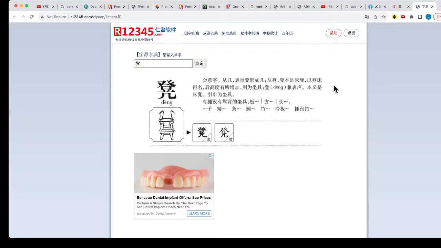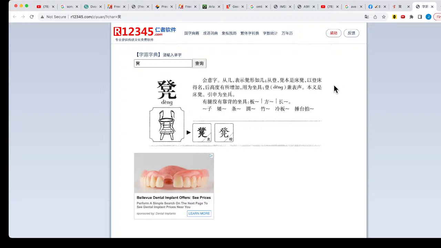Now the original meaning of this character is for a thing that is the Asian bed. Okay, and the Asian bed is a very low bed.